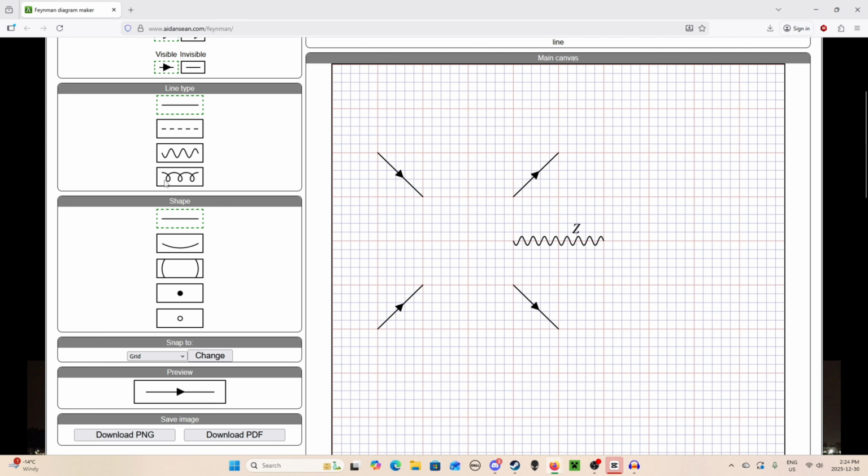Alright, so how do we get the Z? Well, the Z interaction is going to come out of a few potential places. We could do this.